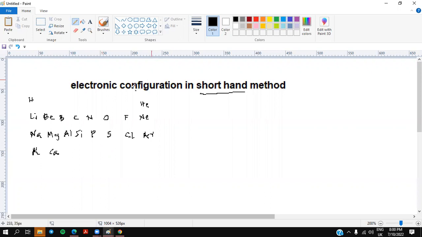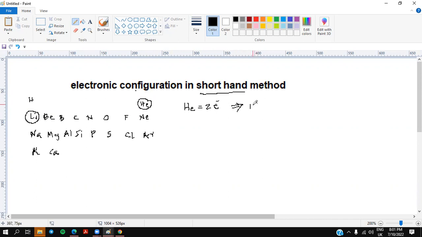I will take the electronic configuration for lithium. Before lithium, we have helium. Helium has 2 electrons. I'll write 2 electrons for helium. Its configuration we have written earlier.